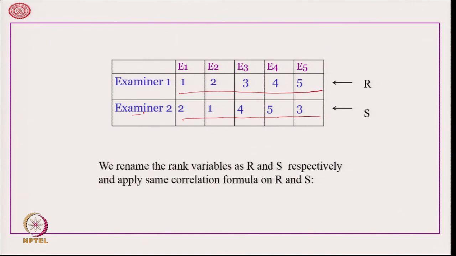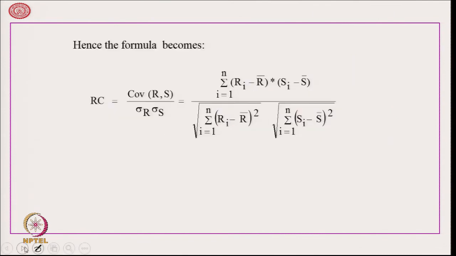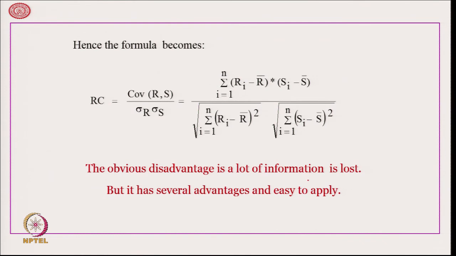Effectively, by taking ranks, we convert the data into numeric, and this enables us to compute the correlation coefficient between R and S, which will now be of this formula, and this is called rank correlation. It of course has a certain disadvantage, because we are losing a lot of information, but it has certain advantages, because it is easy to apply.